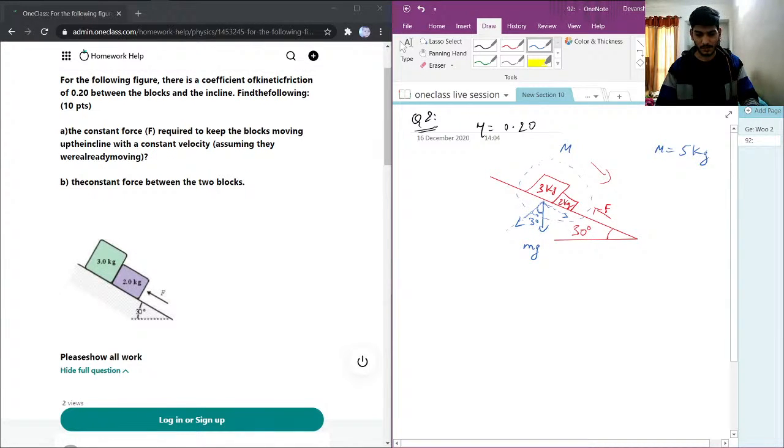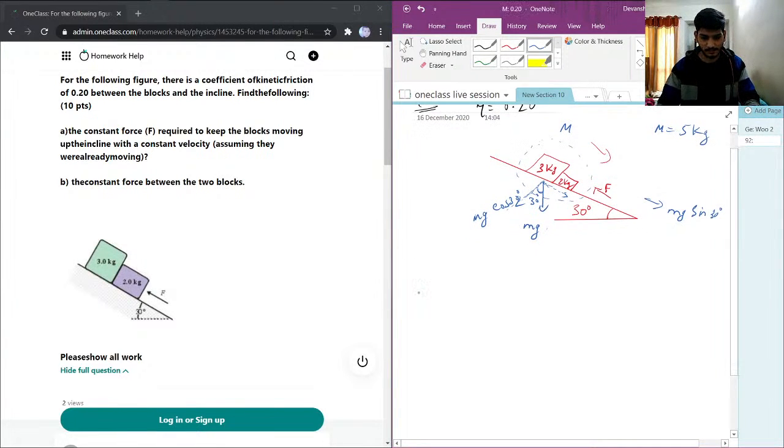Then we have this triangle, and when we complete it, using some basic trigonometric and geometrical identities we find that this angle will be 30 degrees. Then this will be cos 30 degrees, and this component will be sin 30 degrees.